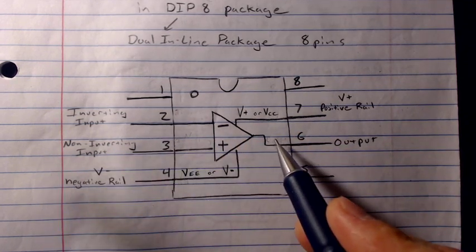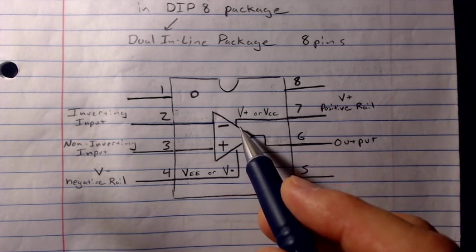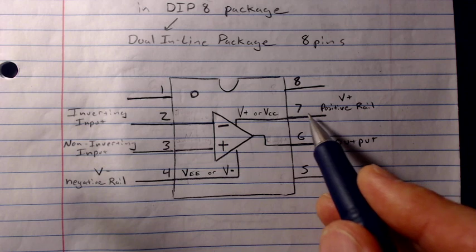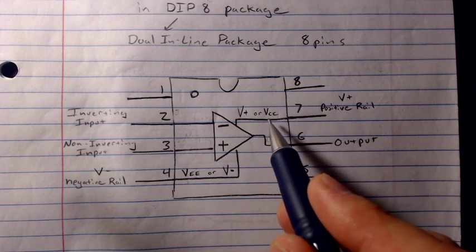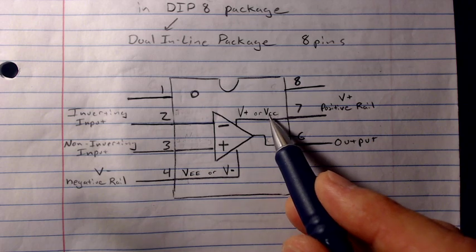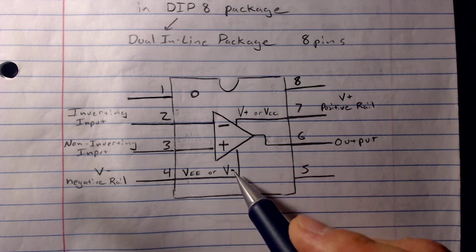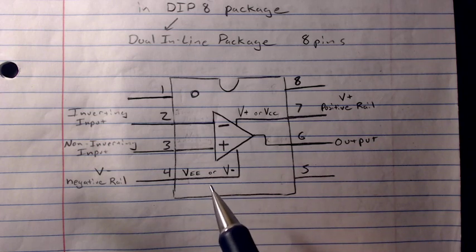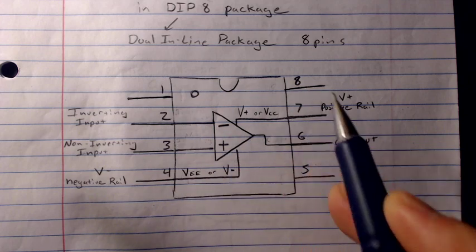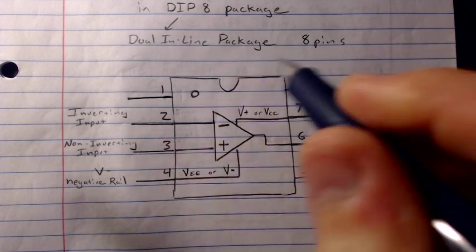We have the output that is tied to pin 6, and again we have to power this device, so we have the positive rail over here, V+, or you'll also see it referred to as VCC. And you have your negative rail, which is referred to as V- or VEE. That's our negative rail. Pins 1, 8, and 5 are actually not connected to anything in this part.